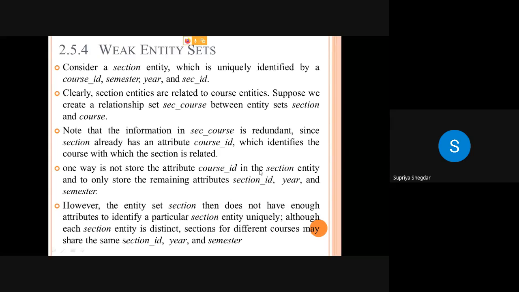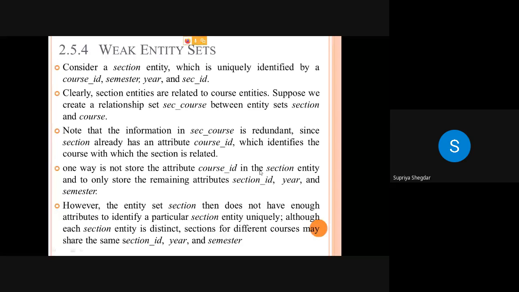Each section entity is distinct, and the sections for different courses may share the same section ID, year, and semester. It is possible that in a single year, in a single semester, multiple courses are there.